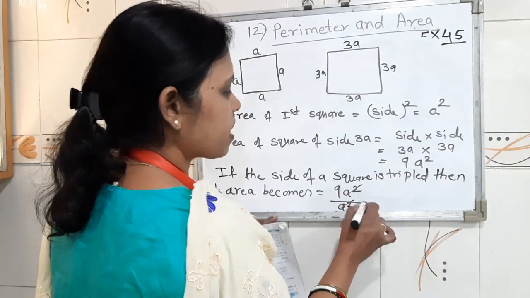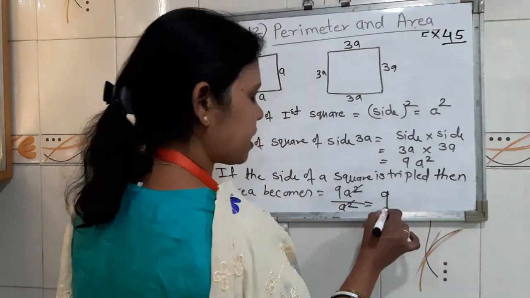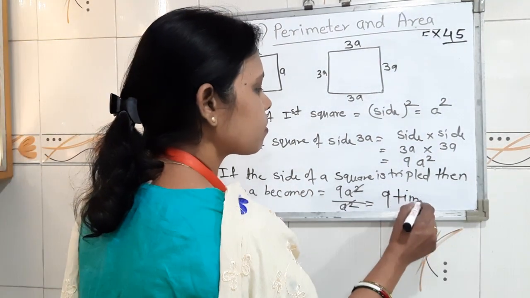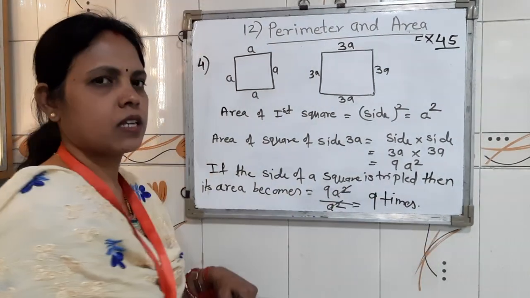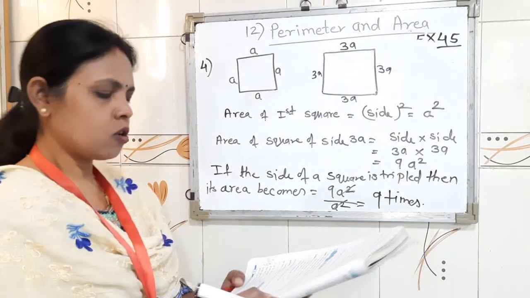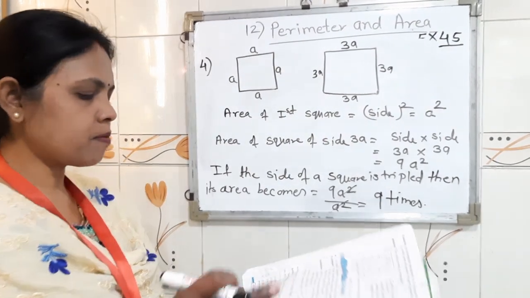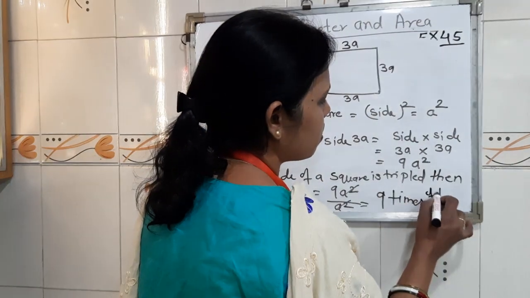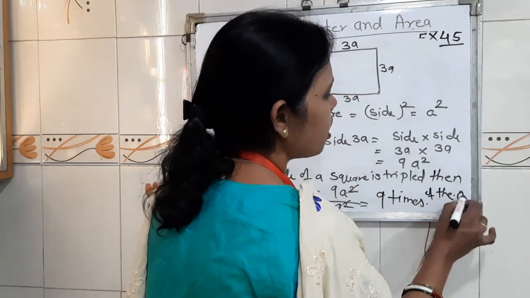A square cancels and the answer is 9. Means it becomes 9 times more, or 9 times the original square.